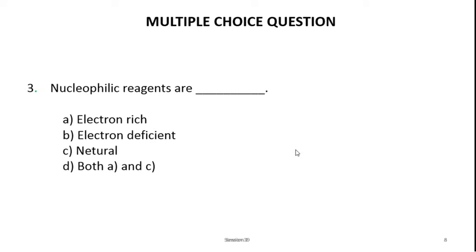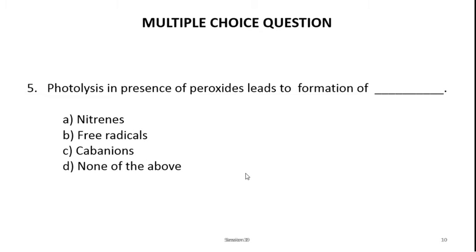So for a molecule to like a nucleus, which will always be positively charged, it should have negative charge or excess of electrons. So under different types of nucleophilic reagents you have electron rich, negatively charged or neutral species, and hence option D, both A and C, is the right one.